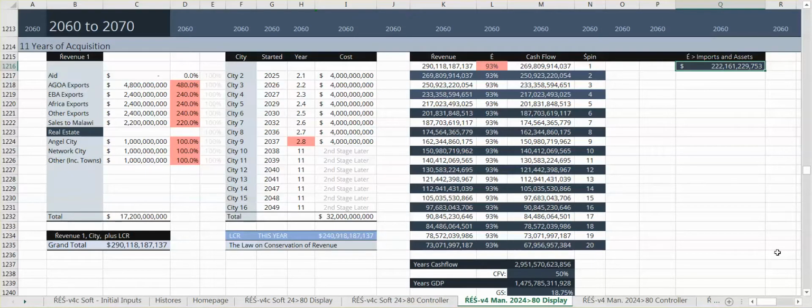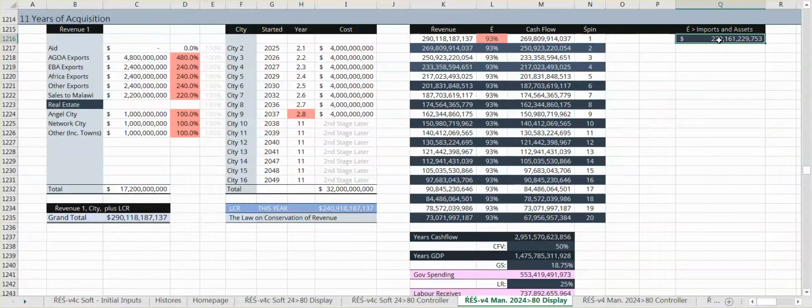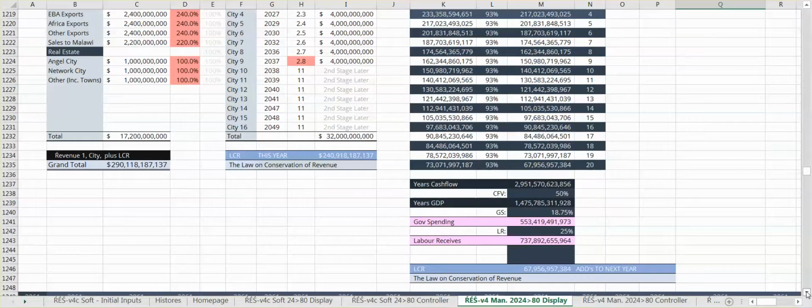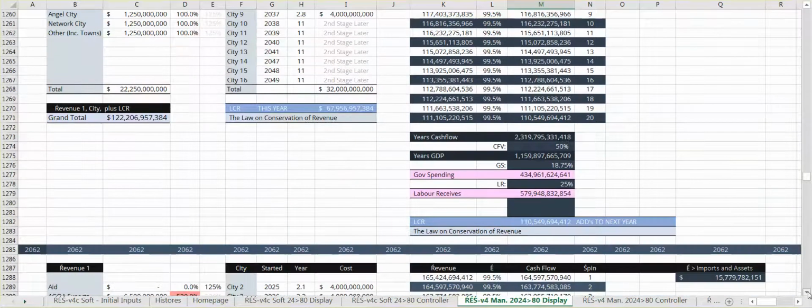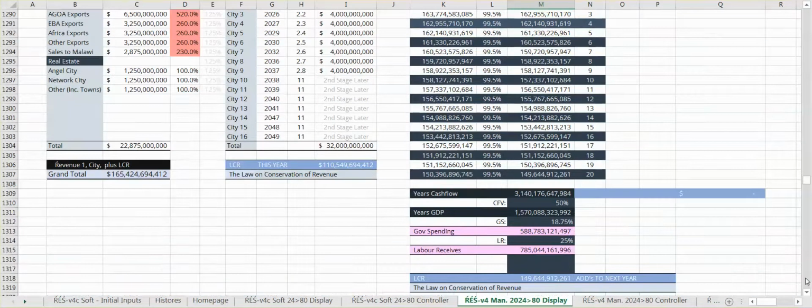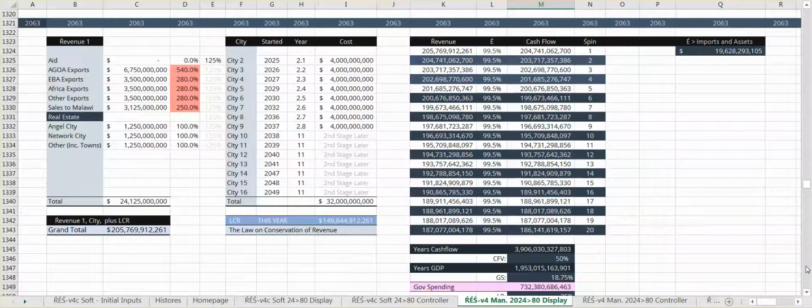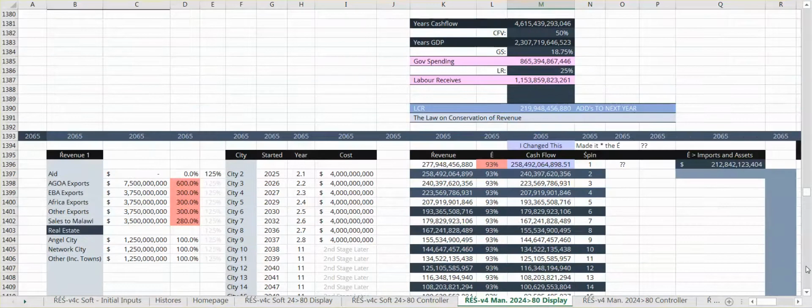So we spend all this on assets and only have 67 billion left in LCR, but the next year it's back up to 110, following year 149, following year 186, then 219, and again we've got money to spend on assets.